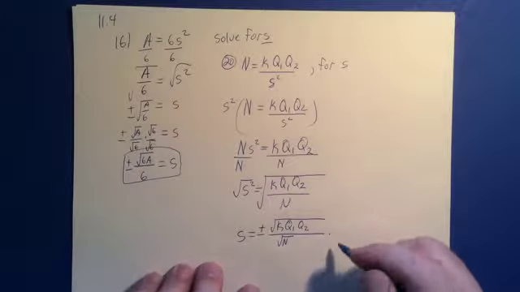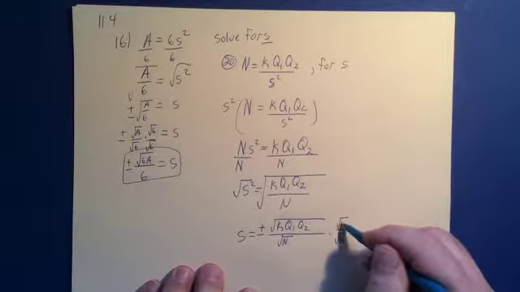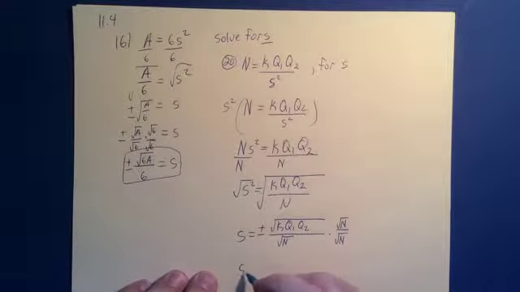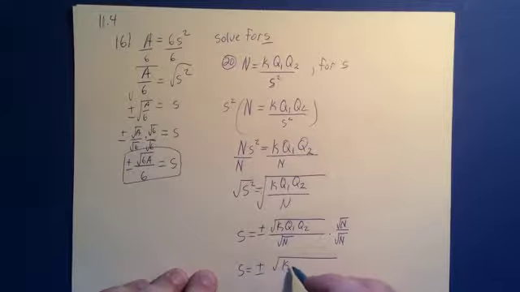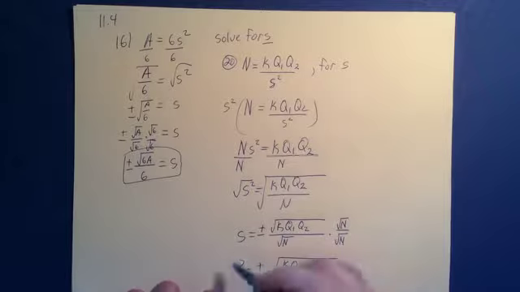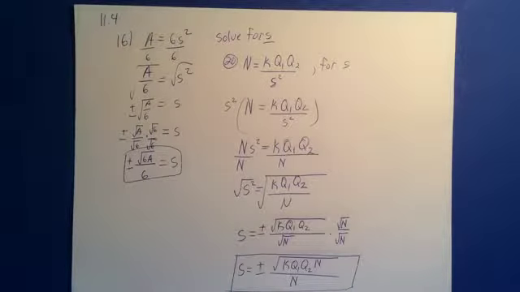So I'm going to multiply the top and bottom of this by radical N. And all the N is going to do here is go on the inside. So this is going to give me s equals plus or minus the square root of k q sub 1 q sub 2 times N, and this is going to be over just N. So we can't leave a radical in the denominator, and we can leave our answer in this final form.